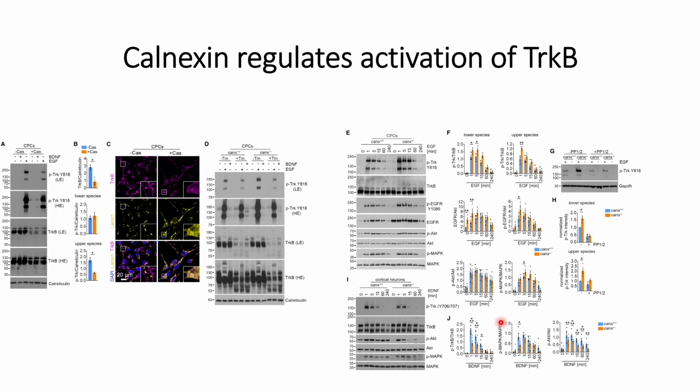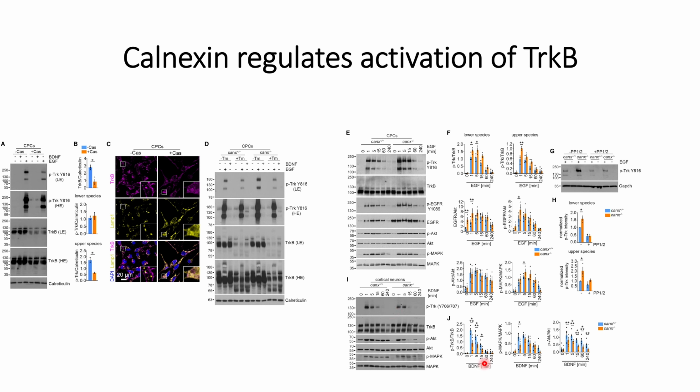pathways. When they quantify these Western blots, they can see that for the 1 minute, this phosphorylated TrkB is statistically significant in the case of Calnexin presence compared to the case with Calnexin absence, and similarly for this 5 minute. That is this and this comparison.